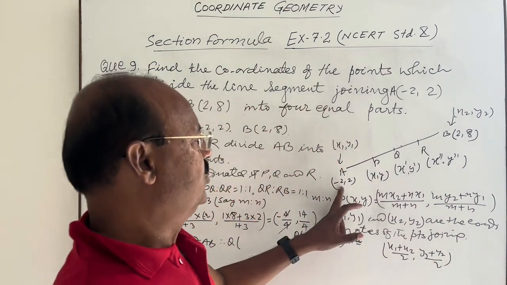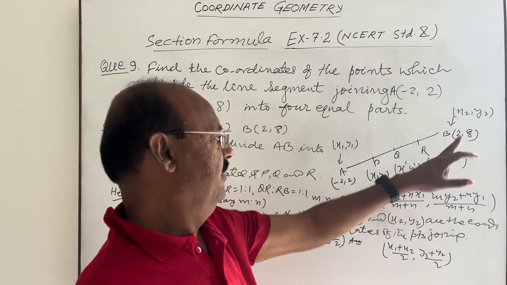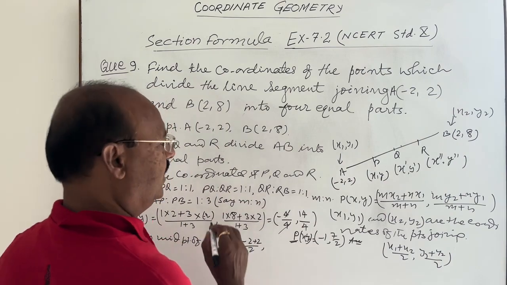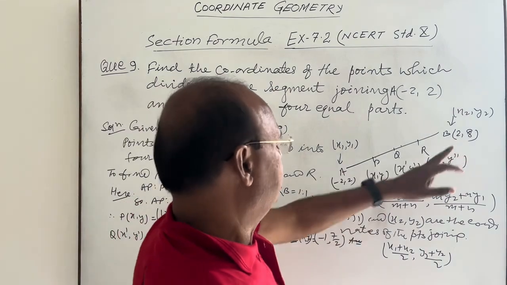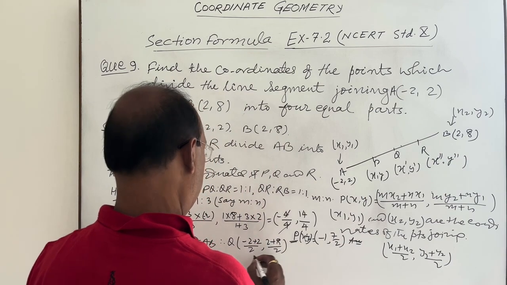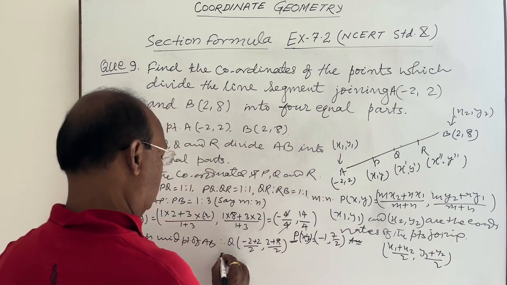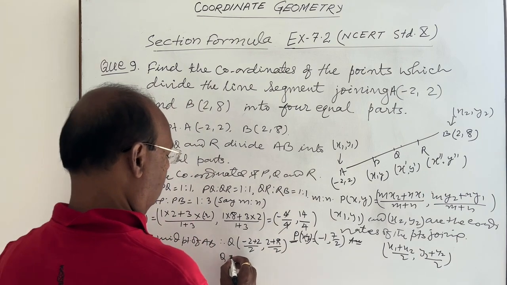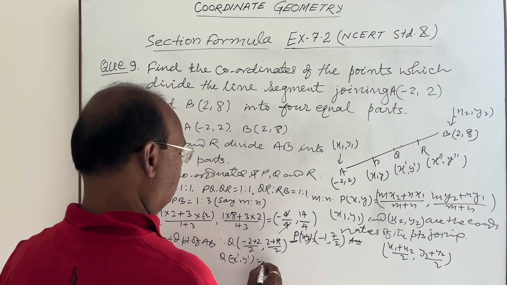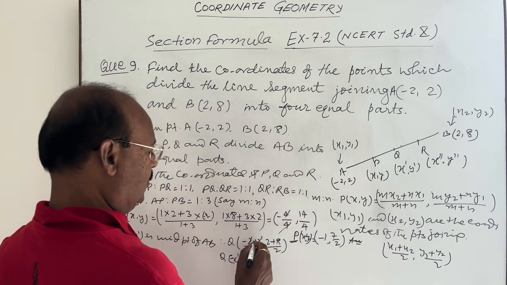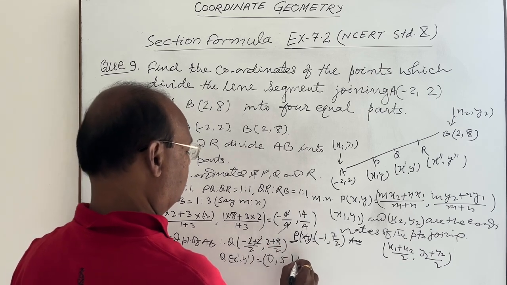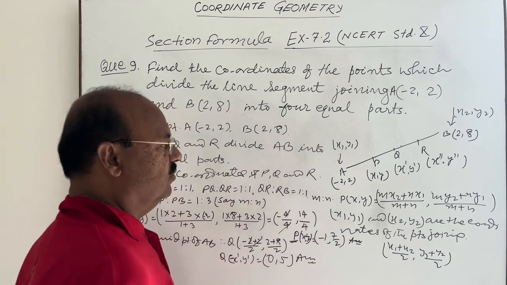So here minus 2 plus 2 divided by 2, similarly 2 plus 8 divided by 2. This is 0 by 2, that is 0, and 10 by 2, that is 5. This is another answer. Coordinates of point Q are 0, 5.